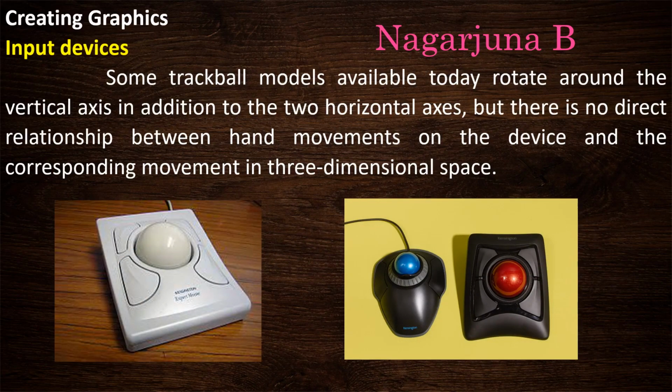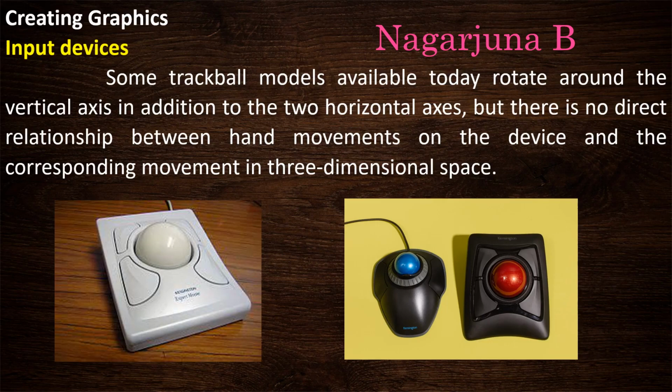Trackball. Some trackball models available today rotate around the vertical axis in addition to two horizontal axes. But there is no direct relationship between hand movements on the device and the corresponding movement in a three-dimensional space. That means there will be no relation between the hand movements made on the device and the corresponding movement present in a three-dimensional space.